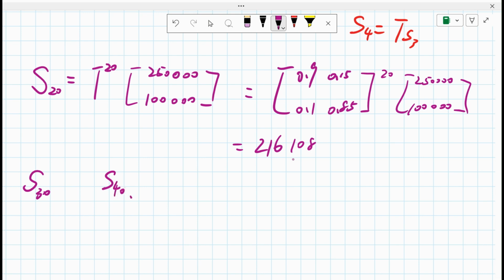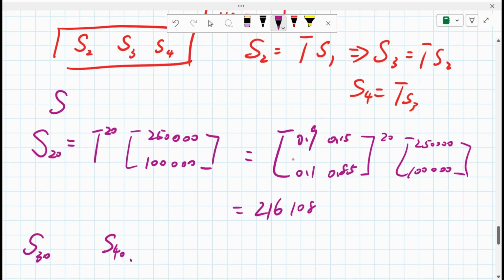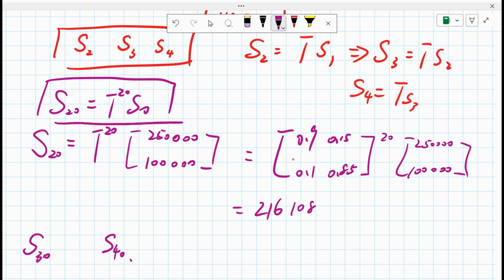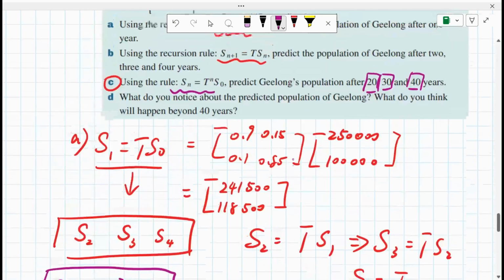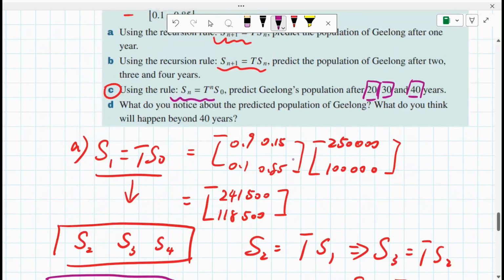Use the same rule, S20 equals T20 S0, like that. What do you think S30 will be? What do you think S40 will be? And what do you notice about Geelong? What do you think happens beyond 40 years? This kind of question asks for a conclusion.